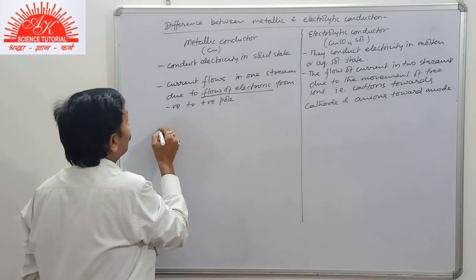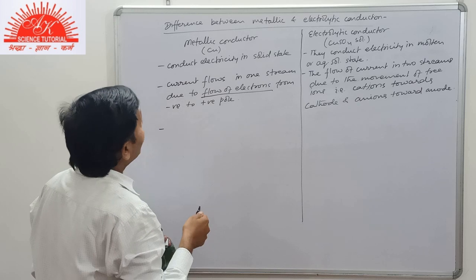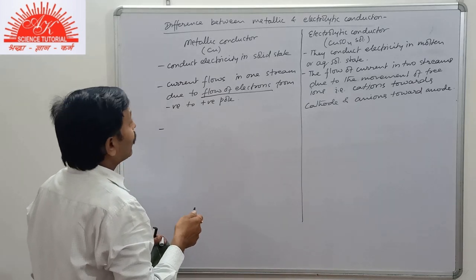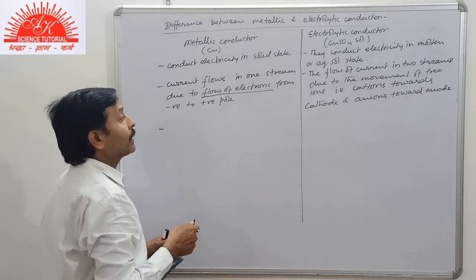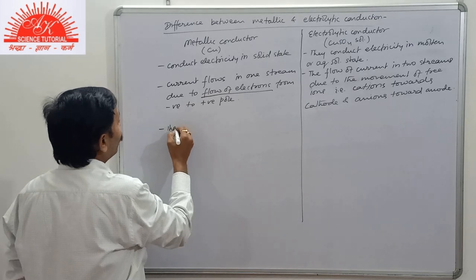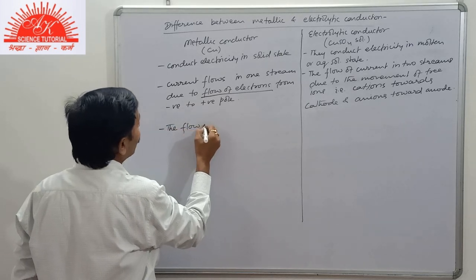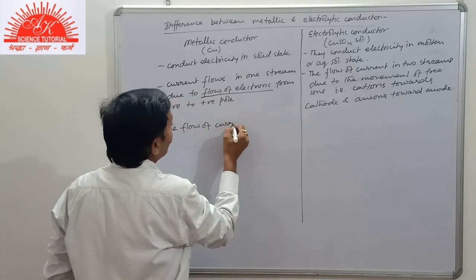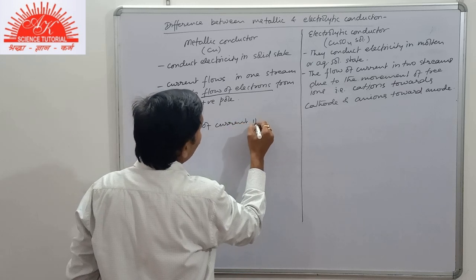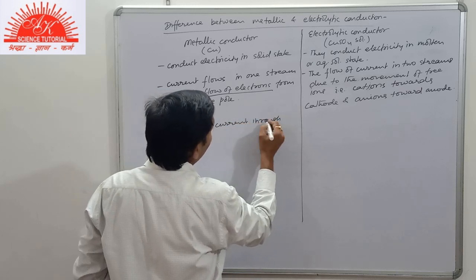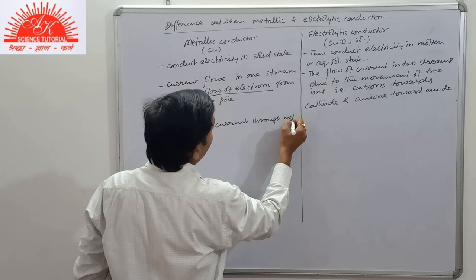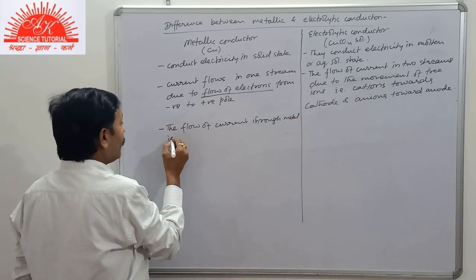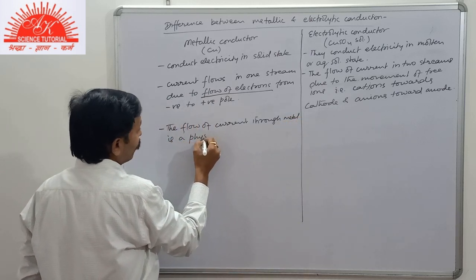Now, third point. In a metallic conductor there is no chemical change; the flow of current through metal is a physical change.